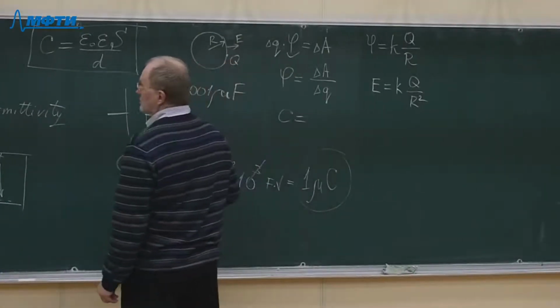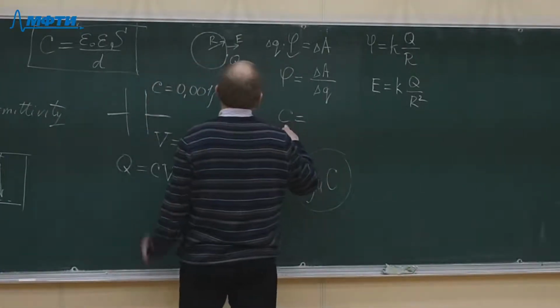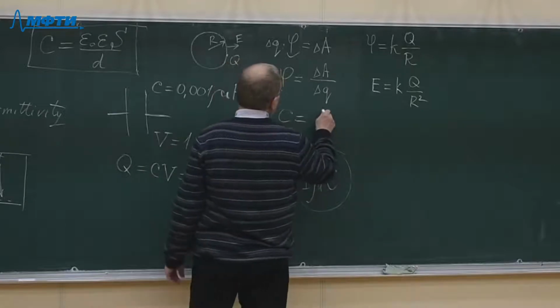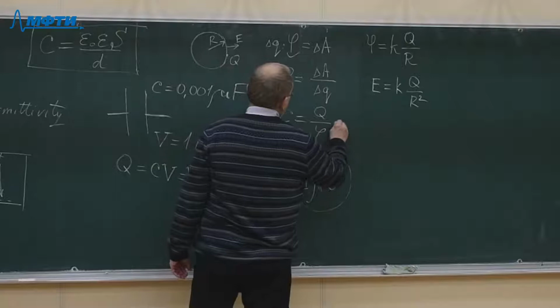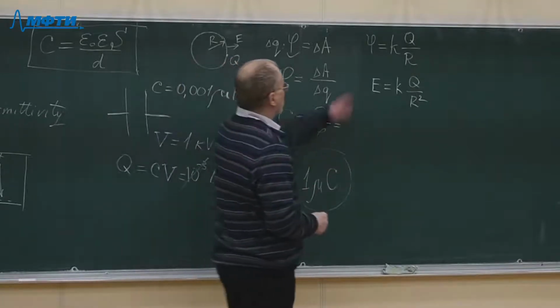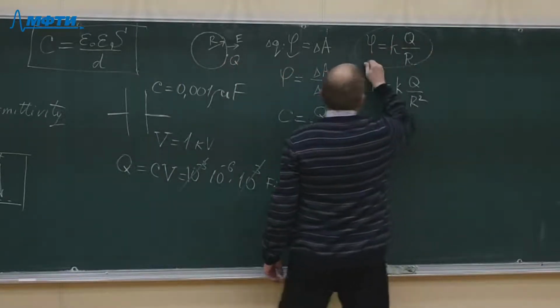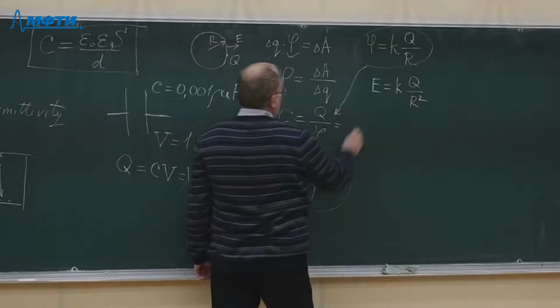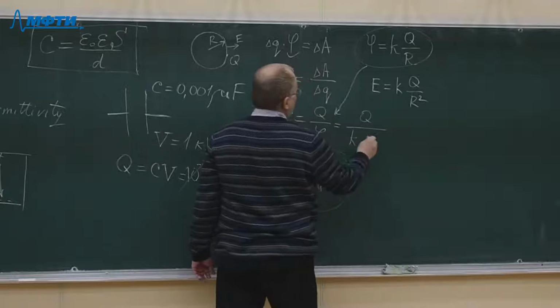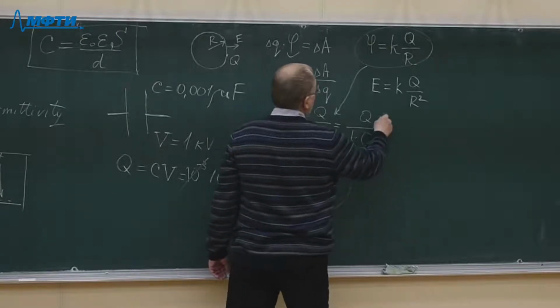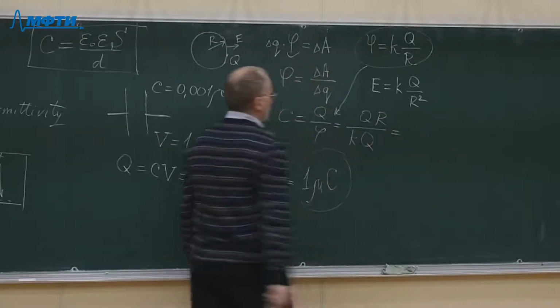Using this definition, we can derive that the capacitance of this conductor will be equal to the charge divided by the potential. And the potential is given by this formula. So we obtain the charge divided by K, Q, and the radius goes to the denominator.